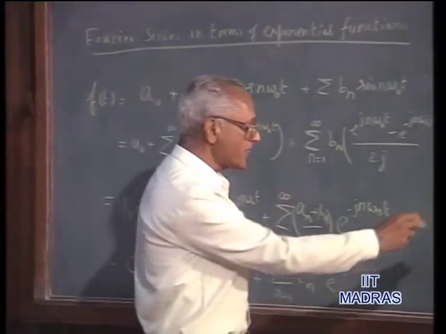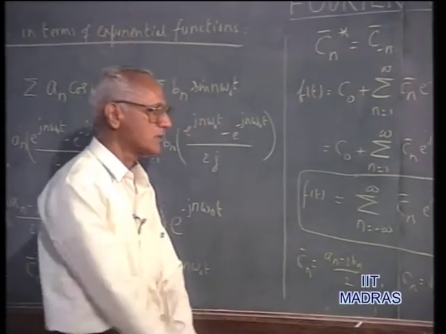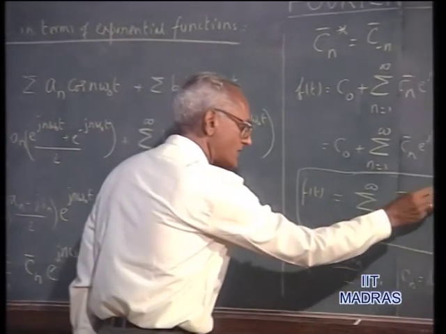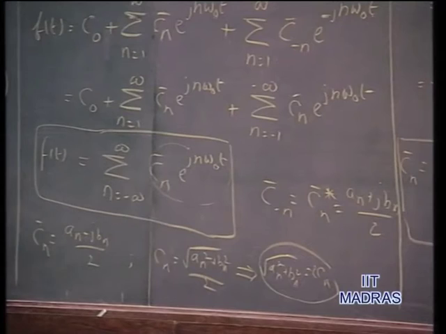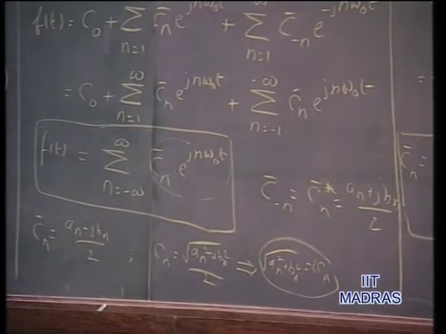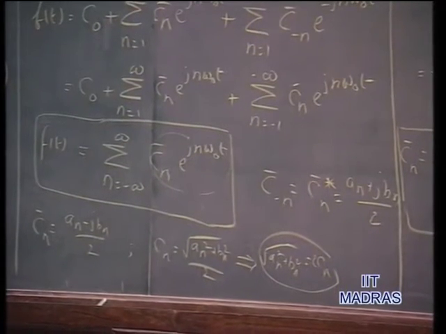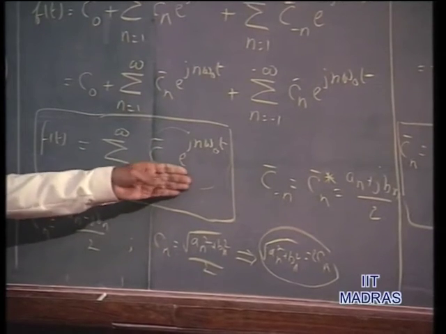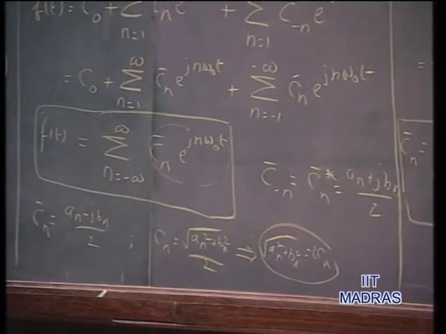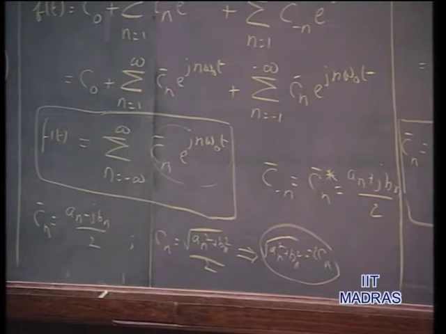So in the Fourier expansion for this, we note that each term by itself may not convey to us any physical signal, because when you substitute a real value of time, each term by itself will not yield a real value of the function.